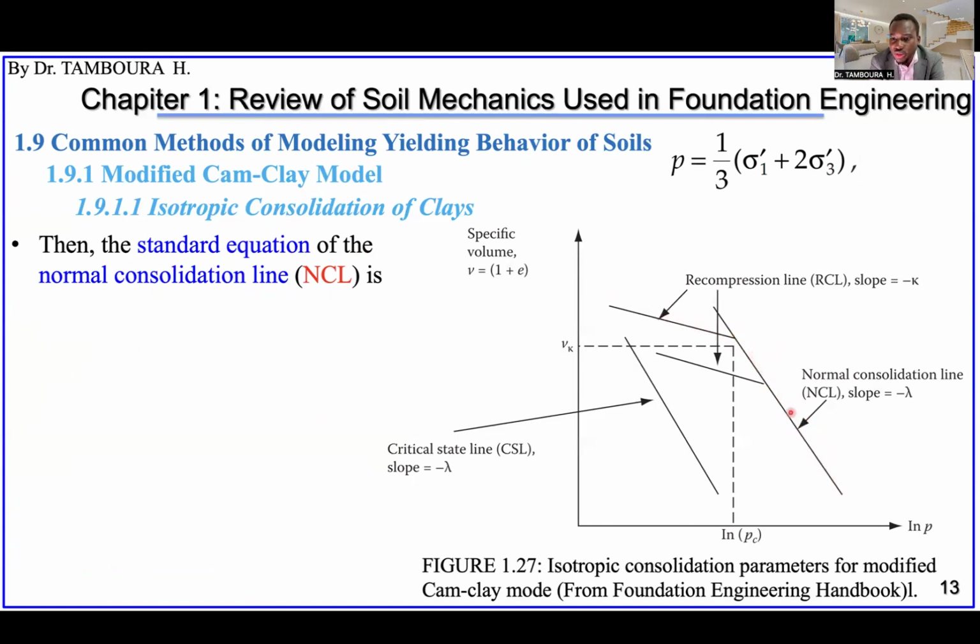And this is the compression line. Exactly like in the 1 dimension. Okay. So for this line, don't forget that we are in 3D, because we have the mean, the average of the stress here, P, and this is the volume. So this line, the equation is given as this.